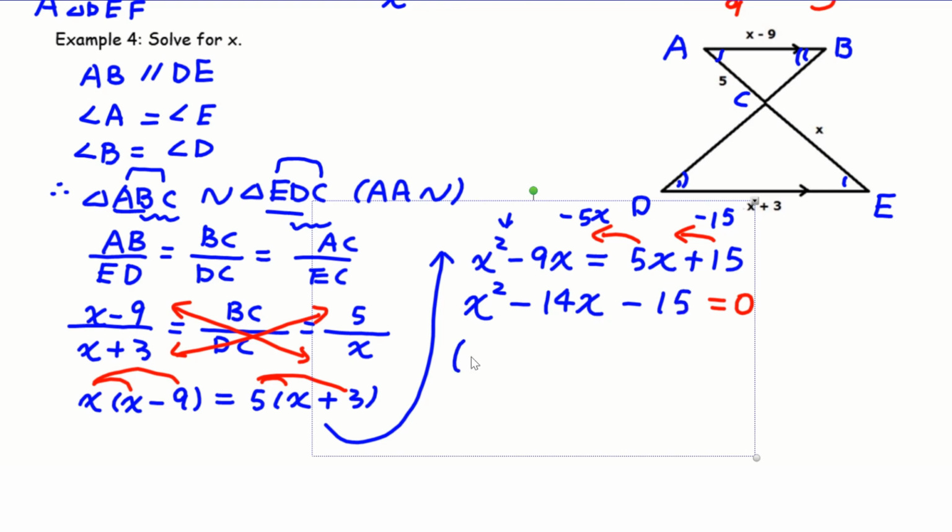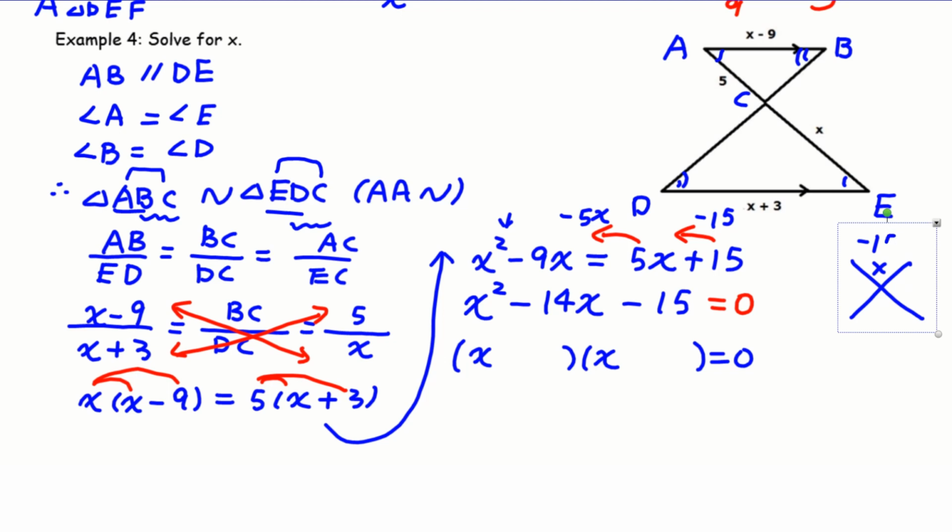Then this is a simple trinomial. Simple trinomial means the number at the front of x squared is 1. So we have x, x inside the brackets. x times x gives you x squared. Then we are looking for the two numbers that multiply together to give the last term, -15, and add together to give -14. 1 and 15 will work.